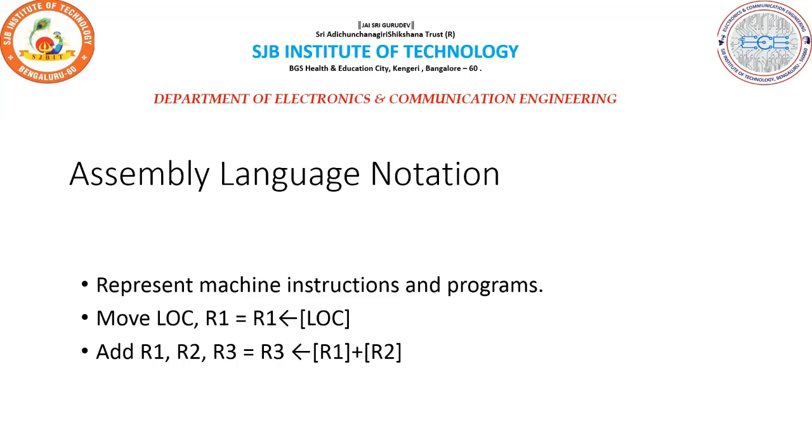In assembly language format, an instruction that causes the transfer described from the memory location LOC to processor register R1 is specified by the statement Move LOC, R1. This is about assembly language notation.